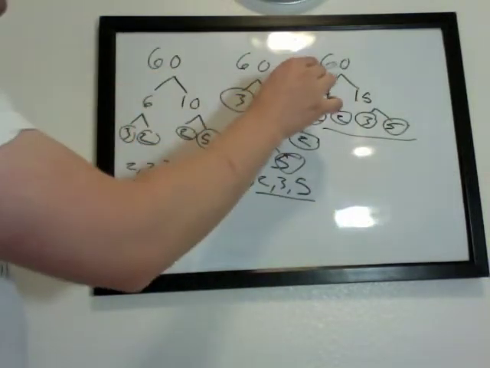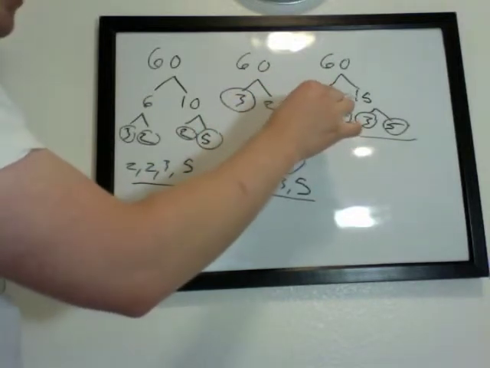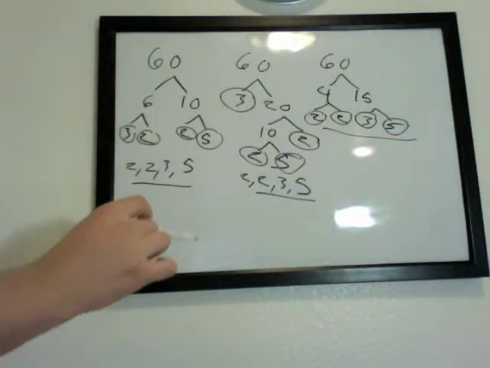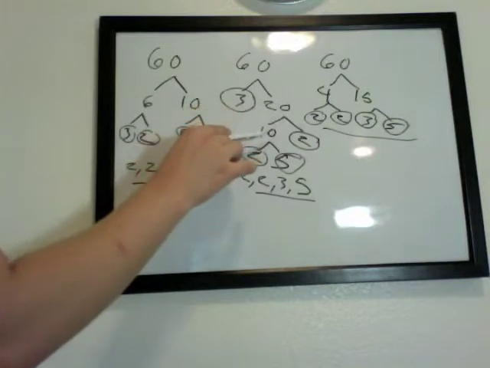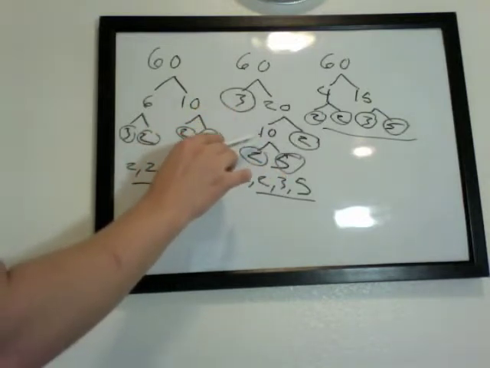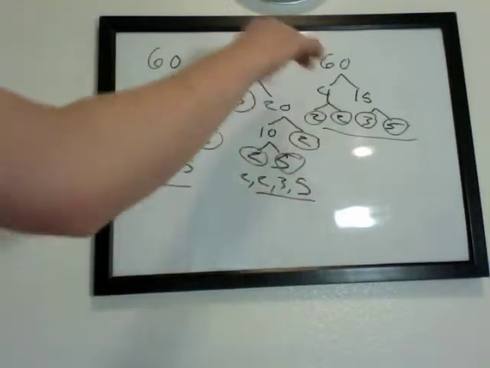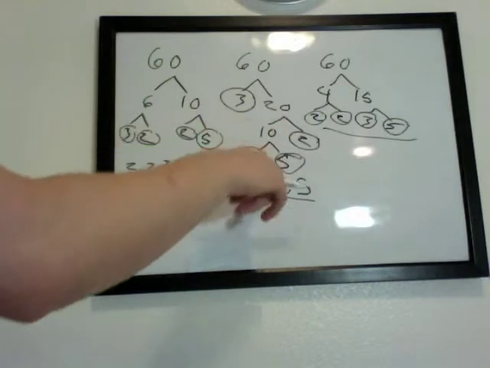And so I just divided this by 4 and I got 15. And then I divided 15 by 3 and I got 5. Divided 60 by 3 and I got 20. 20 divided by 2 gave me 10. 10 divided by 2 gave me 5. So you can divide usually by a 2 or a 3 and you can break it down.